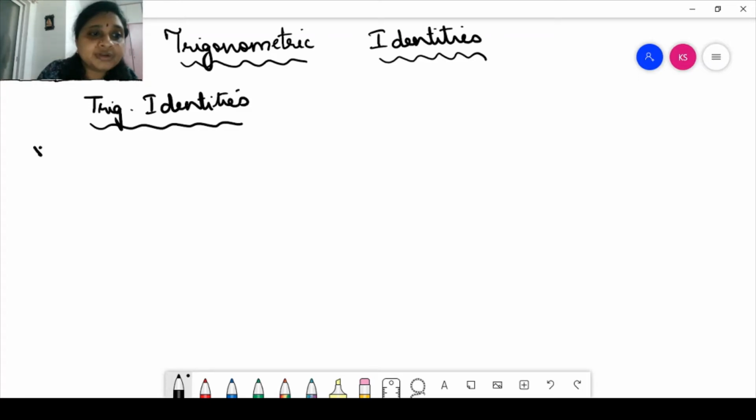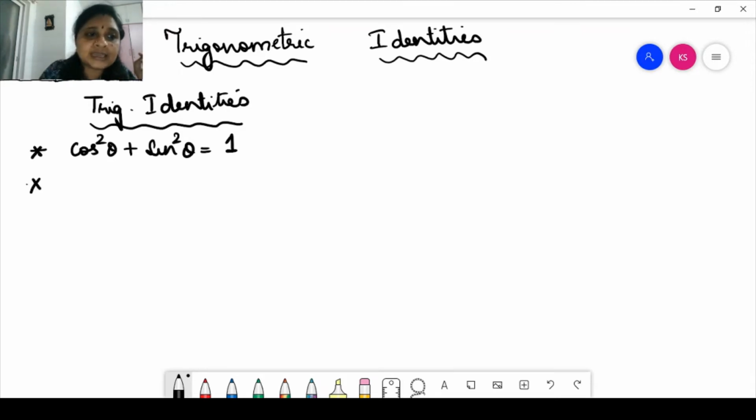The first identity is cos square theta plus sine square theta is equal to 1. This is the first and foremost identity that you will have to remember, and it gives rise to two more identities. You can transpose and get those two: 1 minus sine square theta is cos square theta, and 1 minus cos square theta is sine square theta.